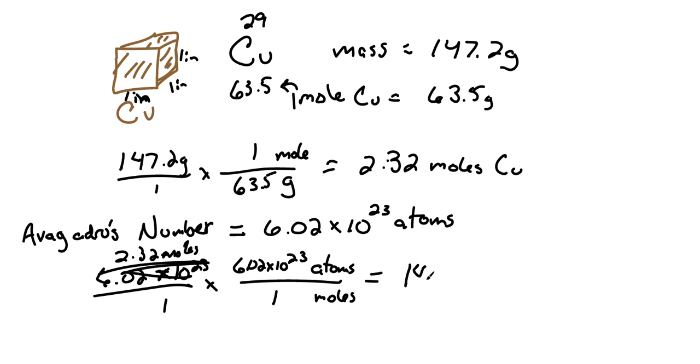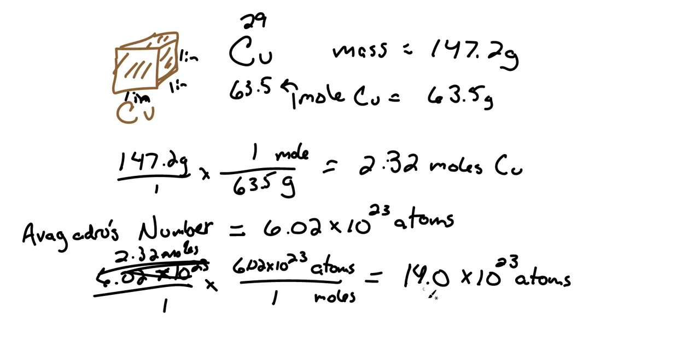So we got 14.0 times 10. Now this is effectively 10 to the first times 10 to the 23rd. When you multiply exponents, you add them. So 1 plus 23 is 24.